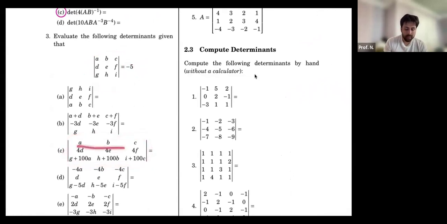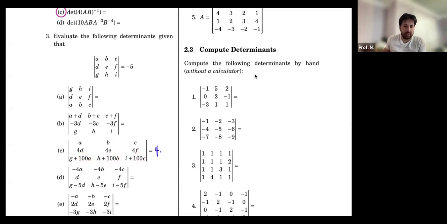The first row, don't touch. The second row, I multiply everything by 4. So I know I must multiply the original determinant by 4. I must. And then I know another property. If I add a scalar multiple of one row to the other, you know what's really nice about that? You don't change the determinant at all.